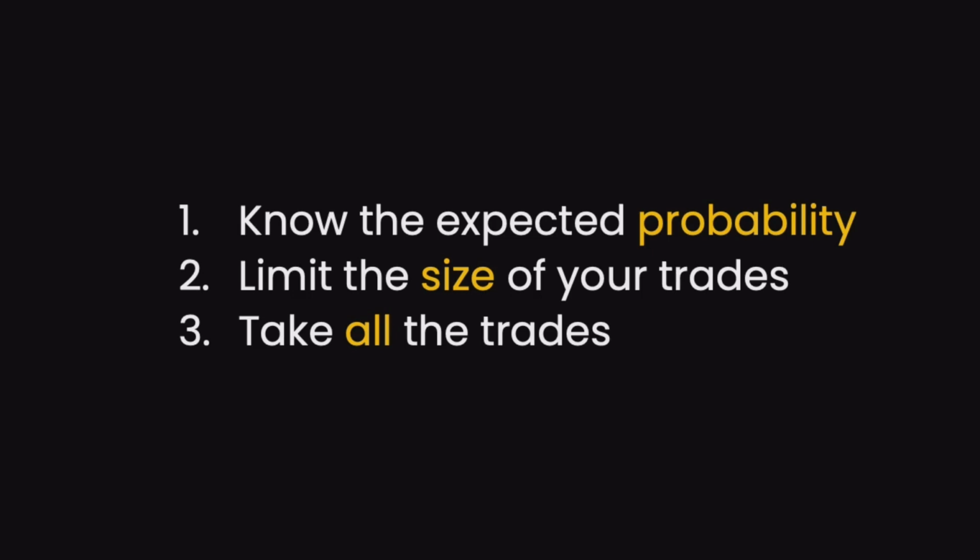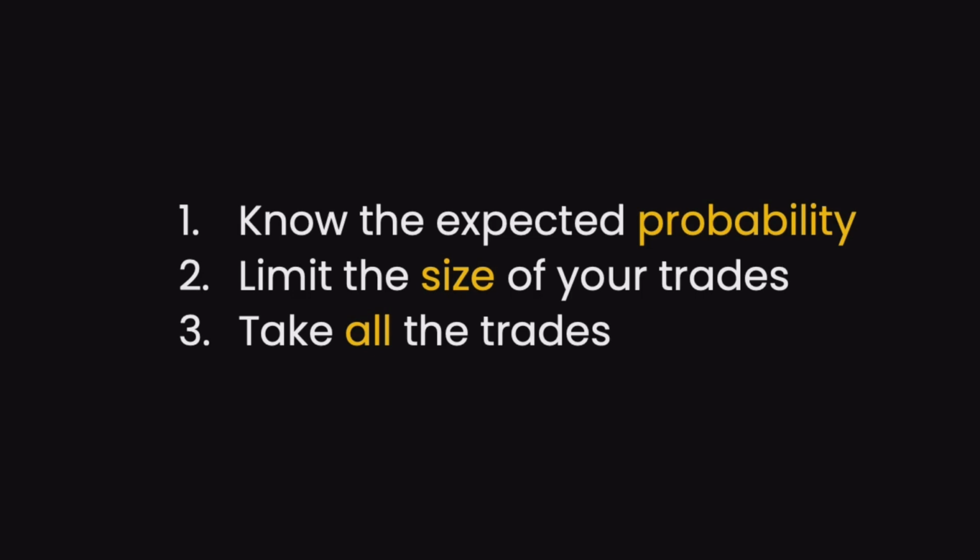What we've covered in this video is, number one, we need to know the expected probability. Implied volatility is consistently overstated. It overstates the expected move of an underlying asset, and this overpricing of options is a crucial edge for option sellers in the long run.